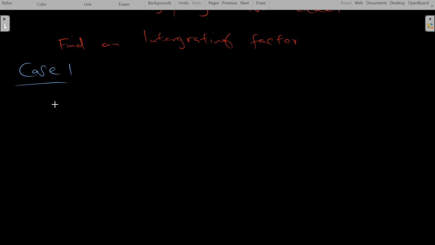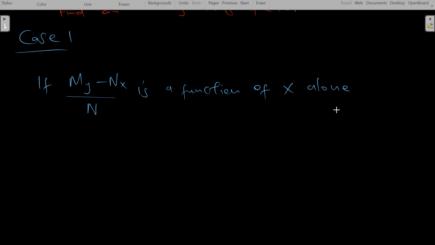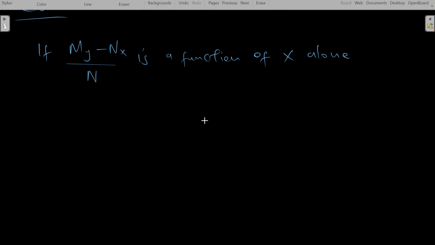If M of y minus N of x, divided by N itself, is a function of x alone, then I'll get my integrating factor, which is mu of x.